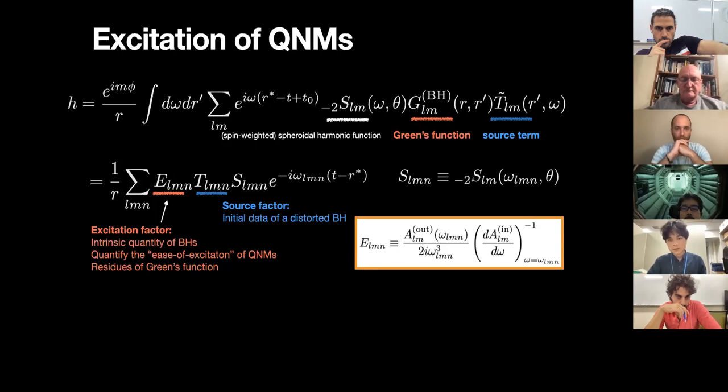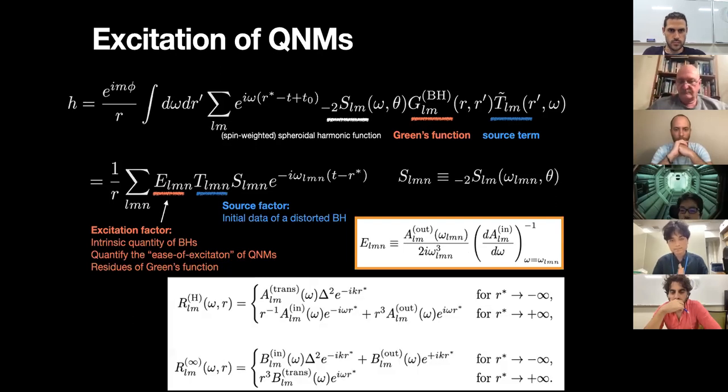This is the explicit form of the excitation factors, and A out and A in can be obtained from the homogeneous solution of the homogeneous Teukolsky equation. So in principle, just by solving the Teukolsky equation, we can compute the excitation factors, although there are a few technical difficulties.